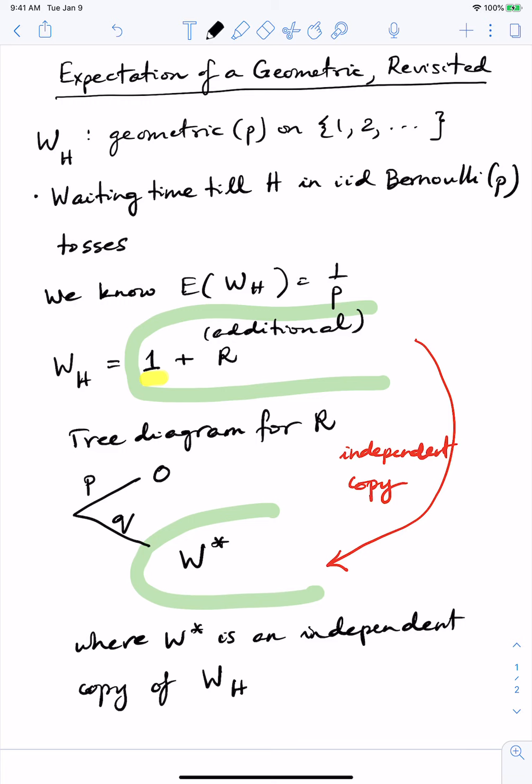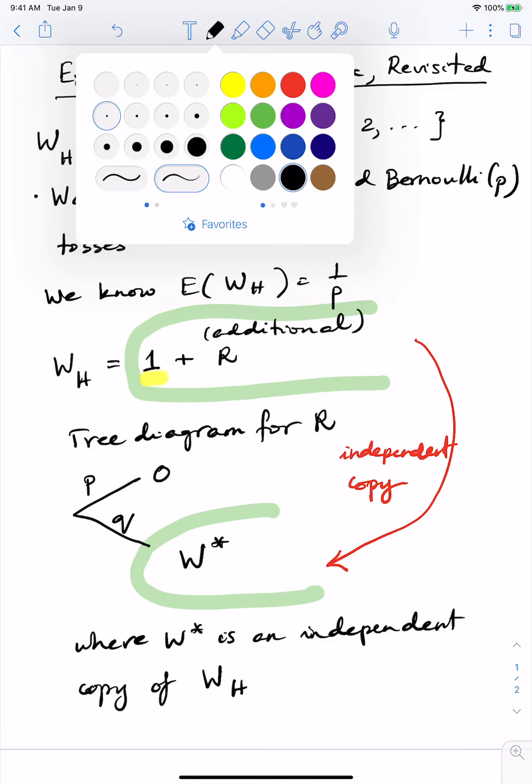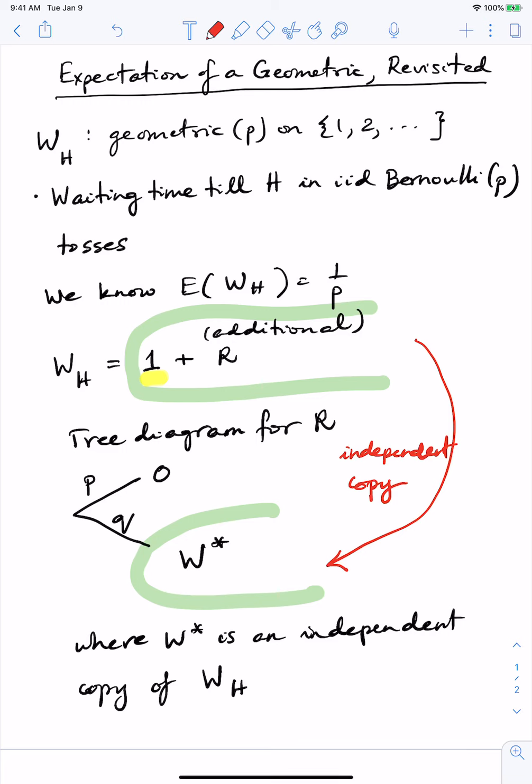And so this moment right here is the moment where the game starts over.